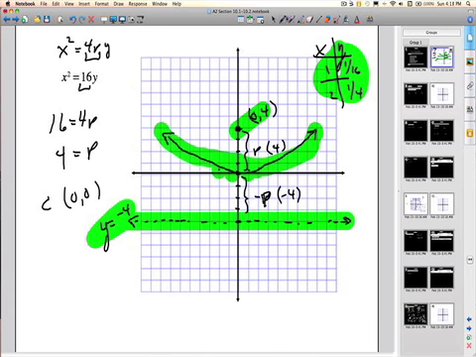Now, if my value of p had been a negative value, then I would have gone down to find the focus, and then I would have done the opposite of that to find the directrix, and this would have been oriented downward. So you can see when this coefficient is negative, the parabola is going to open down, just like we did when we did quadratic equations. When the leading coefficient was negative, it opened down.